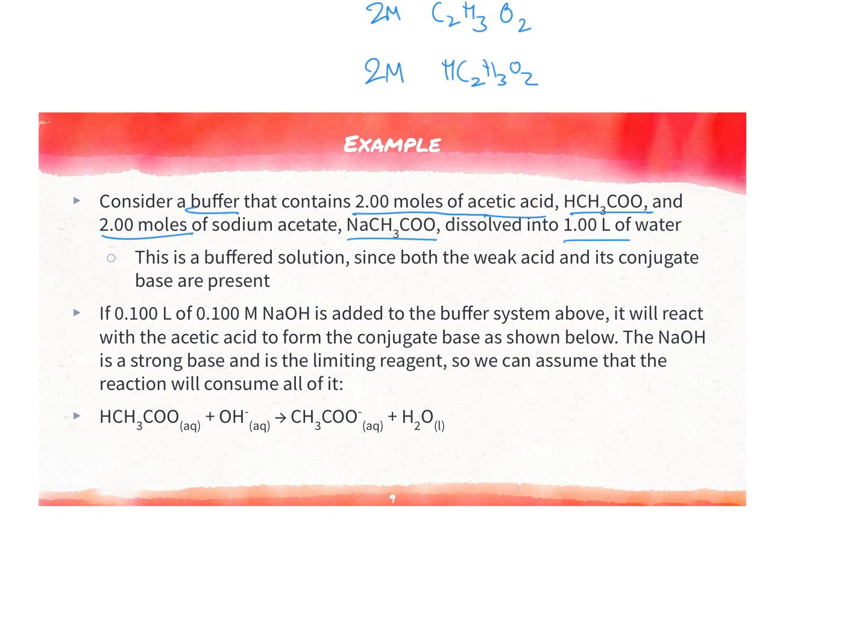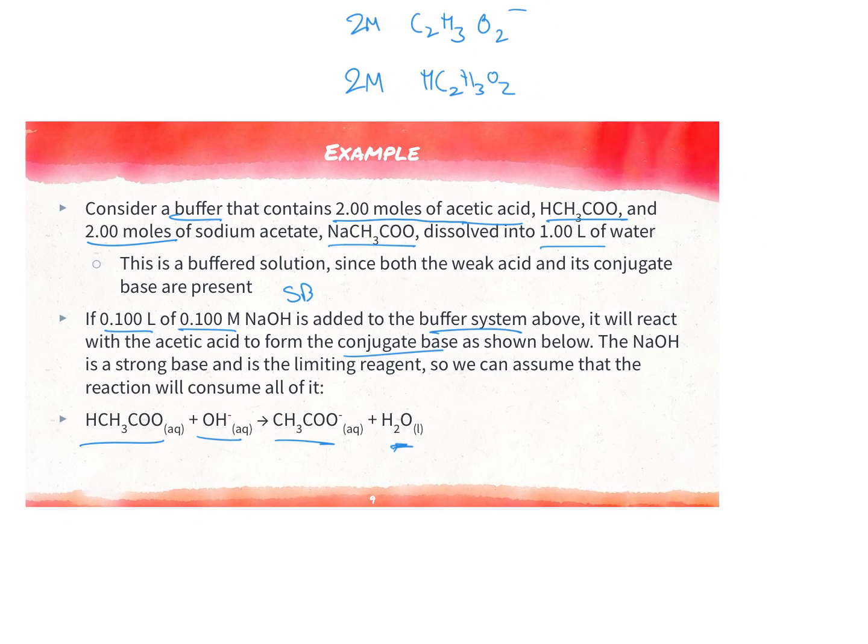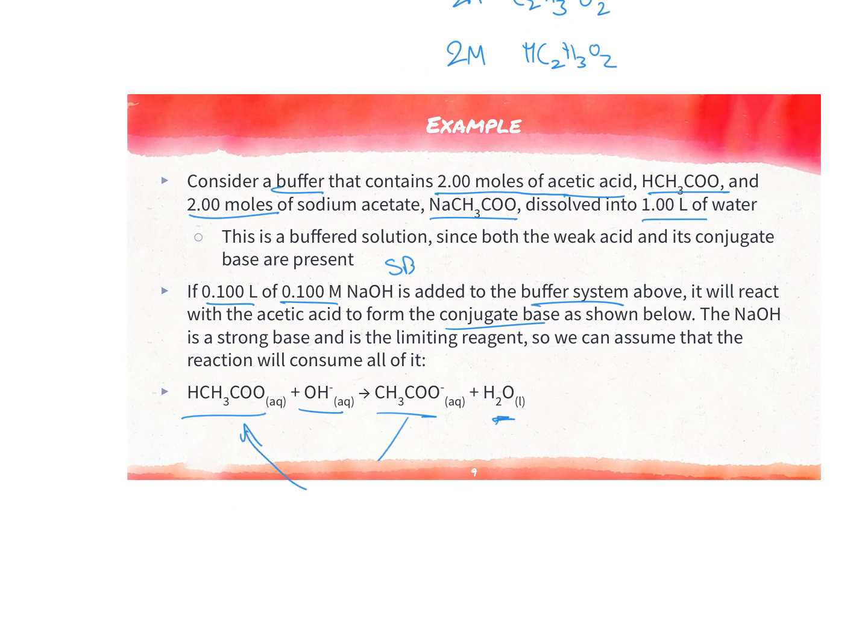It says if I add 0.1 liters of 0.1 molar sodium hydroxide, which is a strong base, to the buffer system, it will react with the acetic acid to form the conjugate base. So essentially we have this reaction, the acid mixed with OH minus to make conjugate base and water. Now if you notice, these are already present in solution.